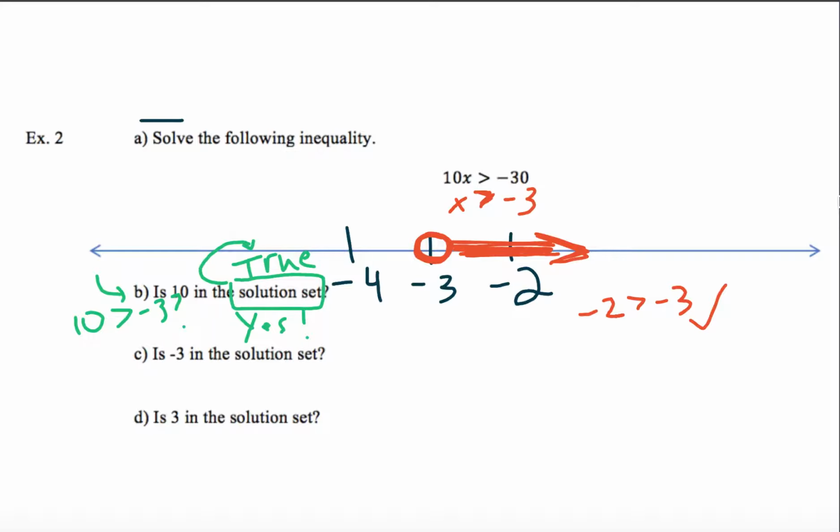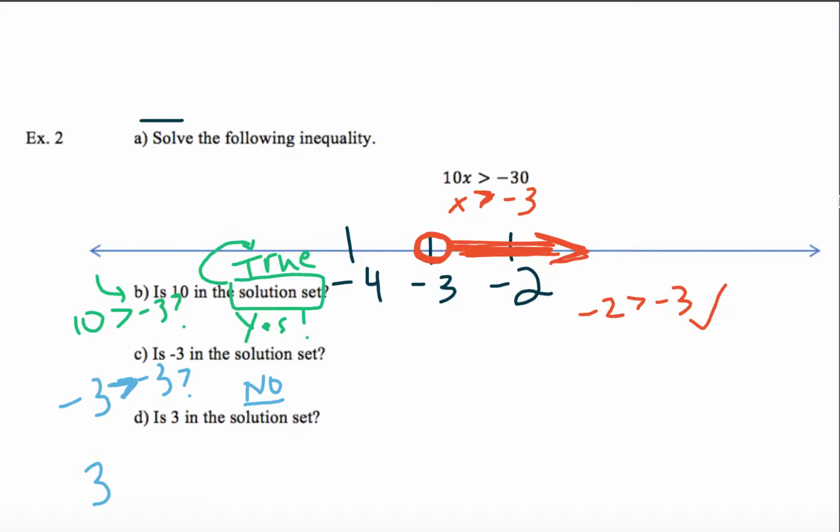B says, is negative 3 in the solution set? So is negative 3 greater than negative 3? No. Since negative 3 and negative 3 are equal, and this is a not included symbol, we have not a true statement here, right? Negative 3 is not greater than negative 3, so negative 3 is not in the solution set.